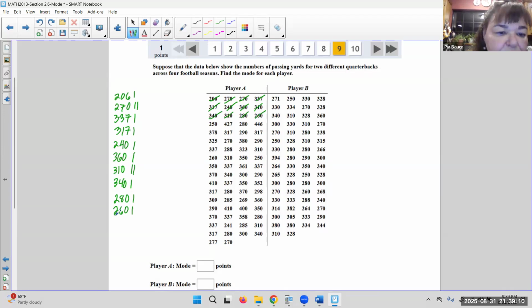But if we're doing it this way, then 250, once. 427, once. 280 repeats.